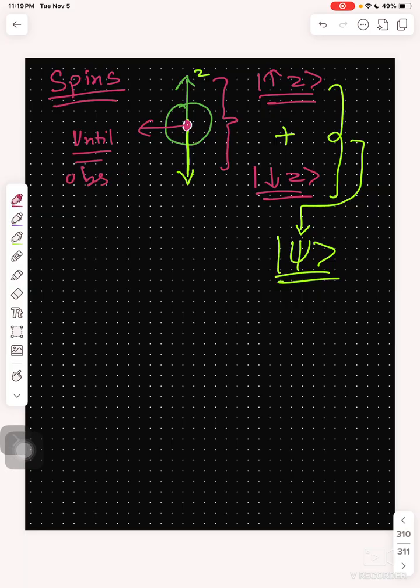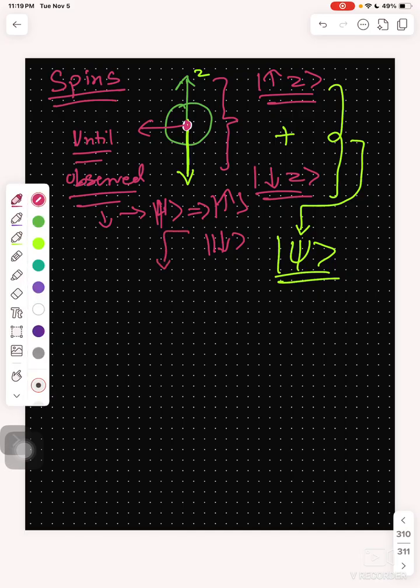On observation, the superposition breaks and we get either up or down, but here we will get 50-50. If we have 1000 particles, maybe 495 nearby, they will be close to each other, half up and half down, and so on.